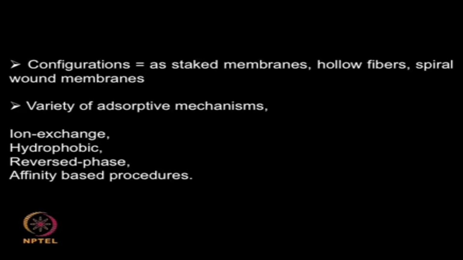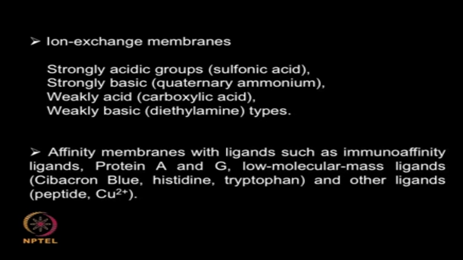Okay. So you have the active ingredient sort of immobilized on the membrane material, and this type of immobilization can be achieved through different mechanisms: ion exchange, hydrophobic, reverse phase, affinity based procedures actually. So ion exchange membranes, there will be strongly acidic groups like sulfonic acid, or strongly basic groups like quaternary ammonium. It could be weakly acidic like carboxylic acid, or weakly basic like diethylamine types actually.